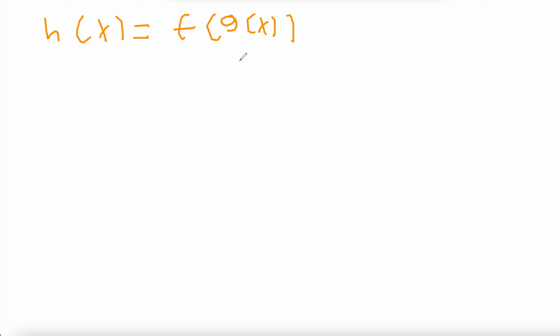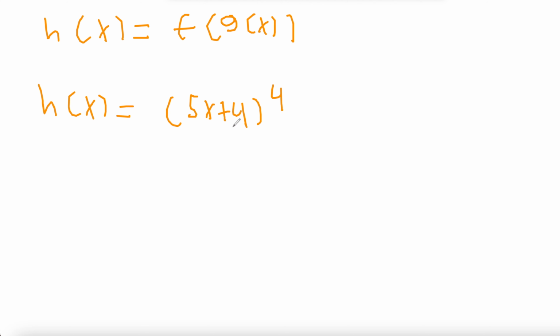G is inside our f of x function. So let's take an example: h of x is equivalent to, say, 5x plus 4 to the fourth power. So we have 5x plus 4 to the fourth power as our example.